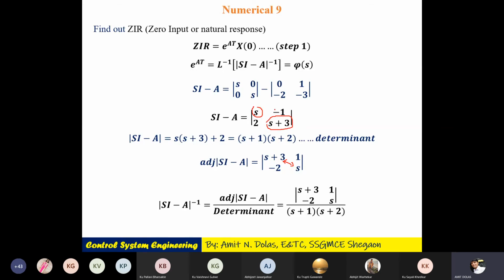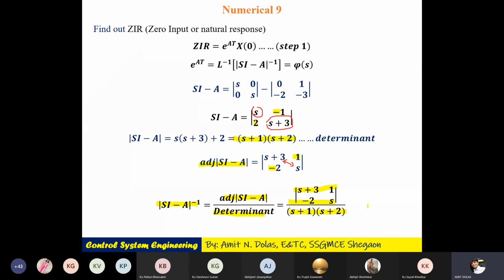And here 1 has a minus sign; that minus sign I gave to 2, so 2 has a plus sign here. So interchange the signs. This is how we get the adjoint of sI minus A. And we need (sI minus A) inverse, which will be the adjoint of sI minus A divided by the determinant, which we already computed here.